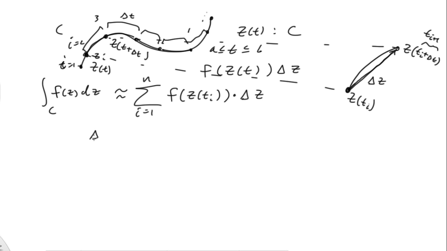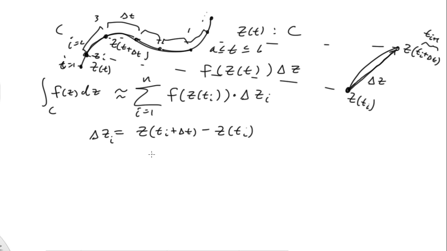So we can say delta z is equal to z at t i plus delta t minus z at t i. And that'll be delta z i. So that's just indexing. We could have, of course, different delta z's at different times.